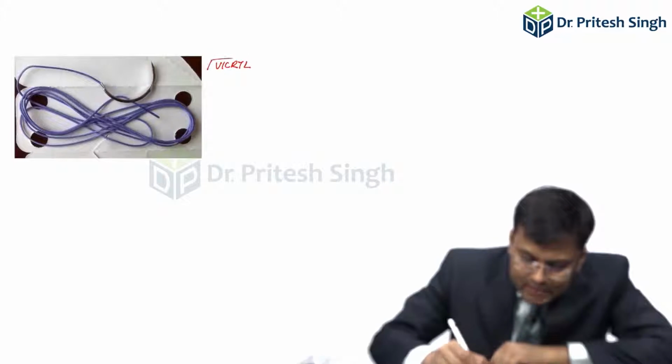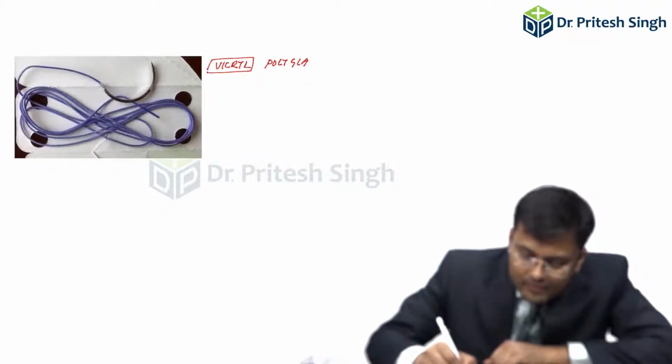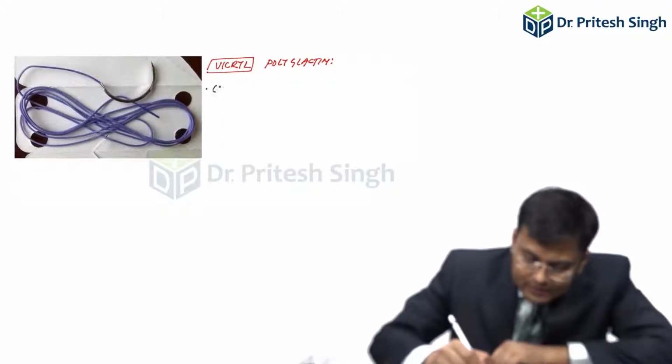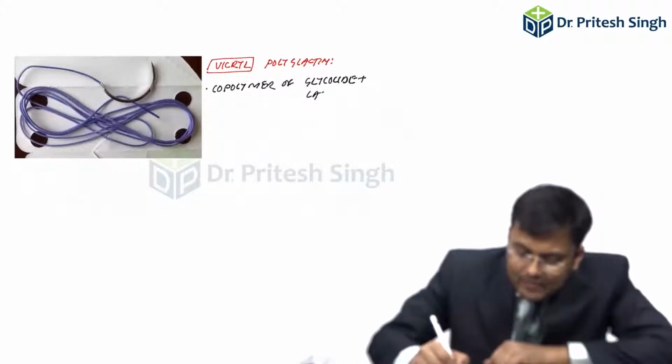What is the other name of Vicryl? It's also known as polyglactin. It's the copolymer of glycolide plus lactide.